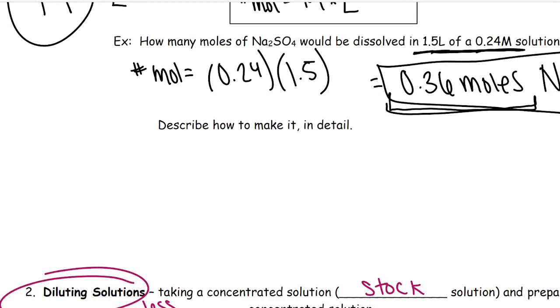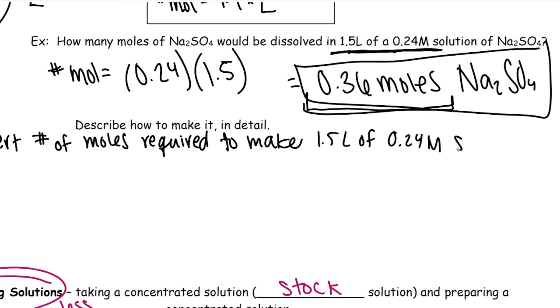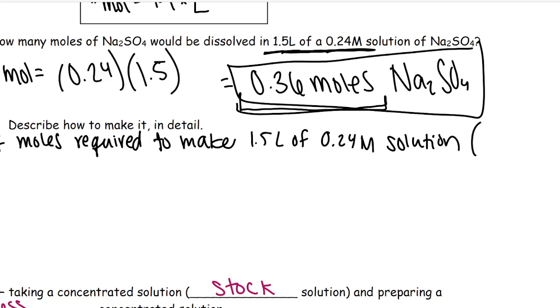So I'm going to say step one would be convert the number of moles required to make 1.5 liters of 0.24 molar solution, which is equal to 0.36 moles.